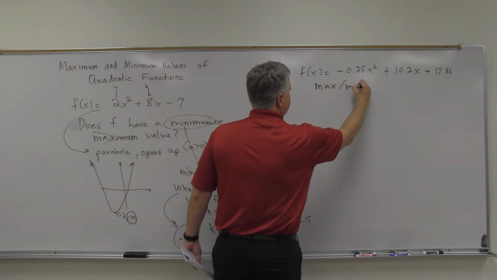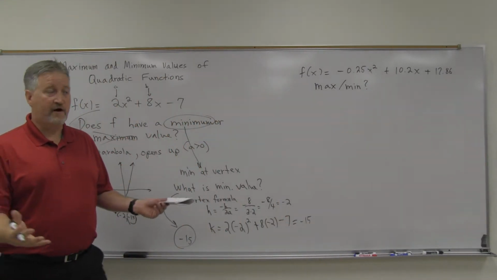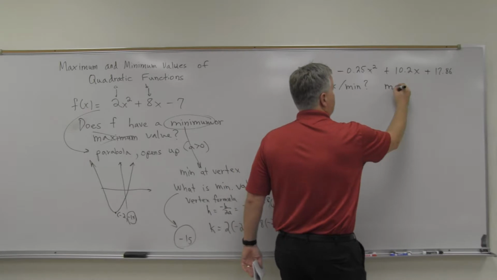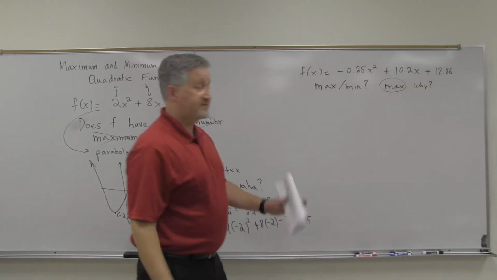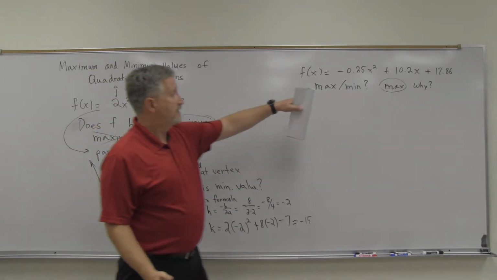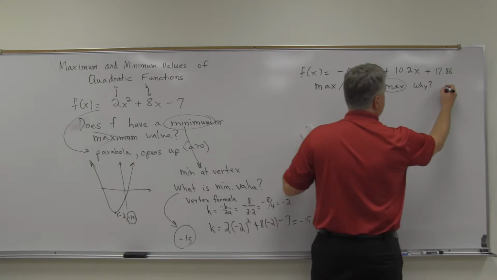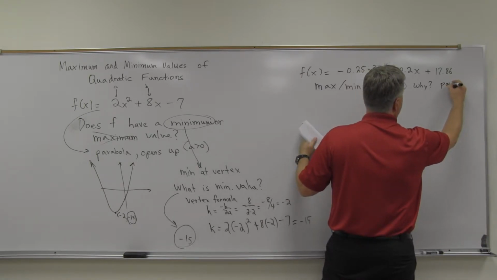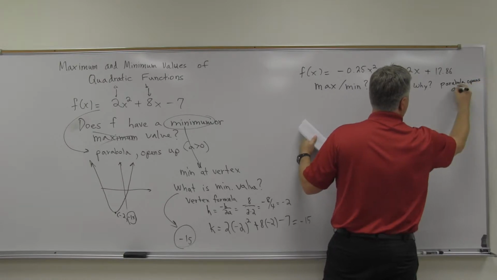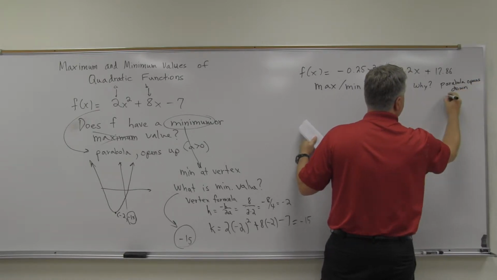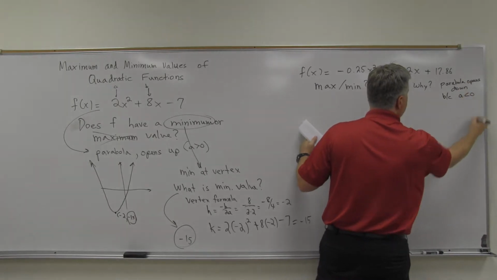Maximum or minimum here? This one has a maximum. Why? Because this is a parabola, x squared, that opens down, because a is negative 0.25, a is less than 0.